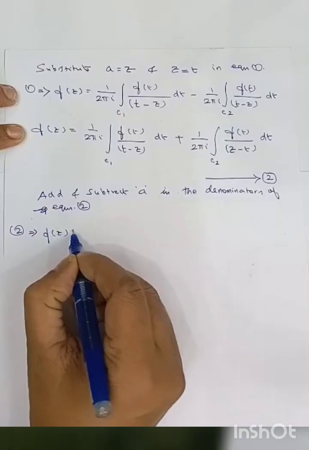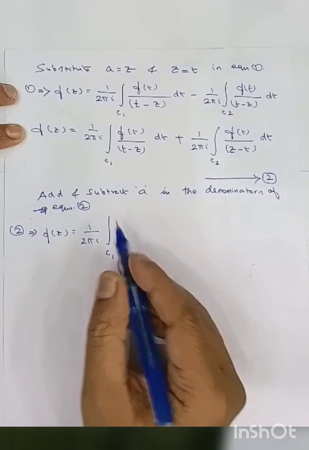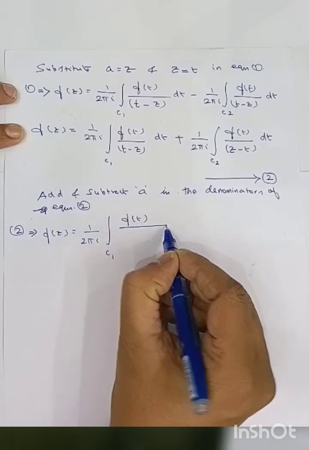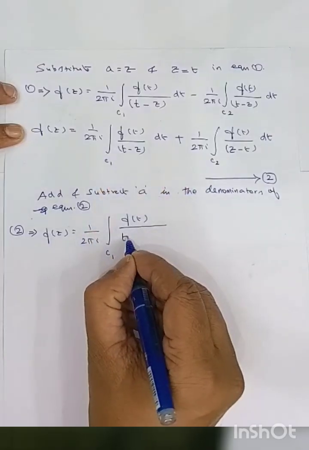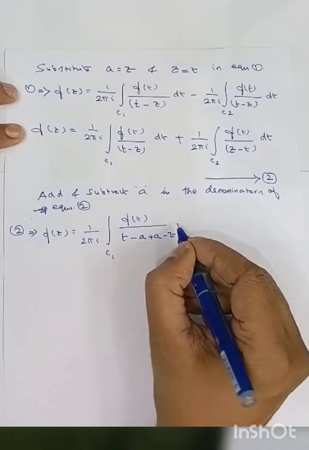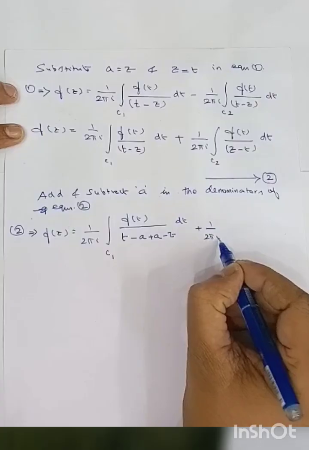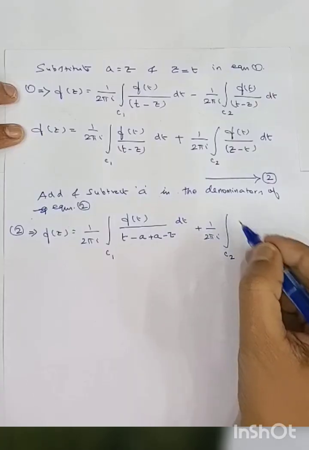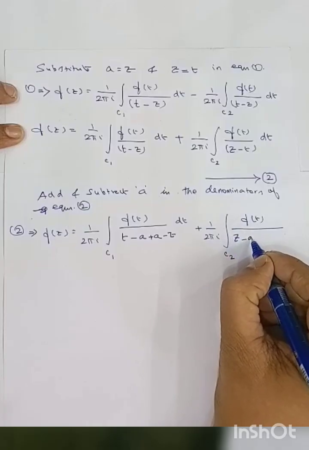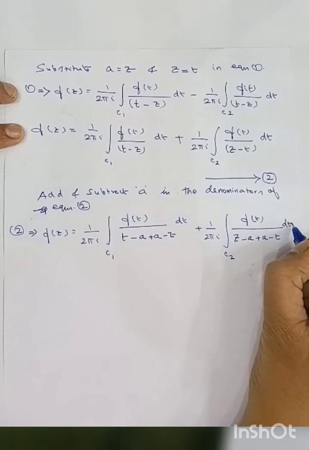So equation 2 becomes, what will happen now? F of z is equal to 1 by 2 pi i integration of C1 f of t divided by t minus a plus a minus z into dt, plus 1 by 2 pi i integral of C2 f of t divided by z minus a plus a minus t into dt.